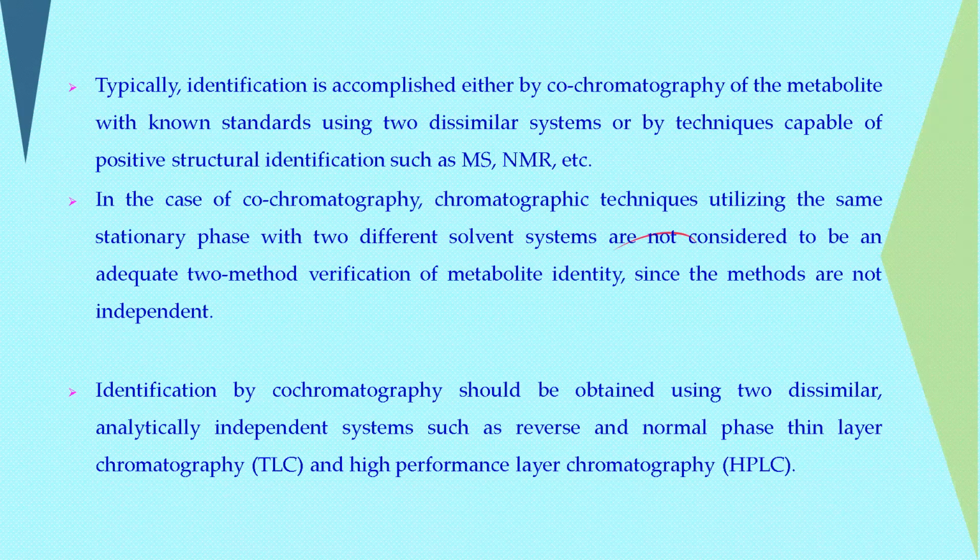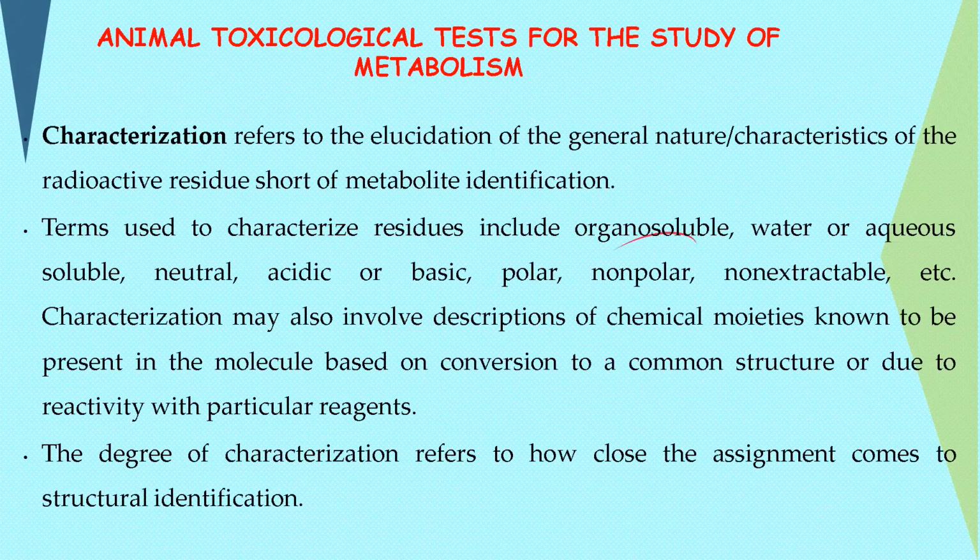Identification by chromatography should be obtained using two dissimilar, analytically independent systems, such as reverse and normal phase thin layer chromatography, TLC, or an HPLC system. Two systems should be there for cross-examining.